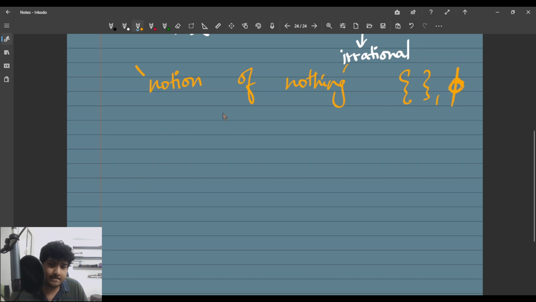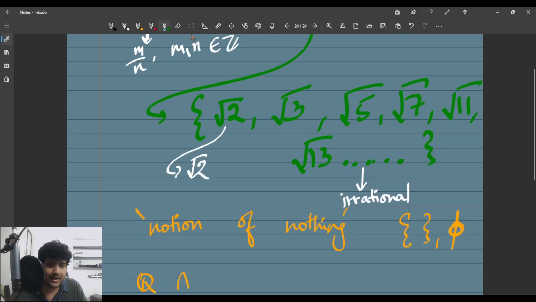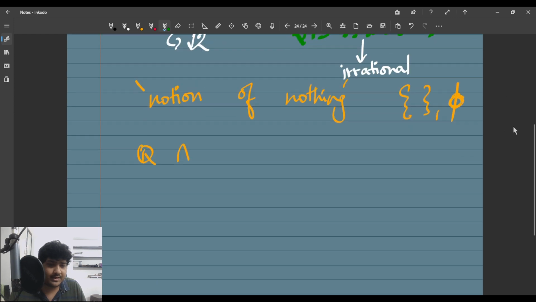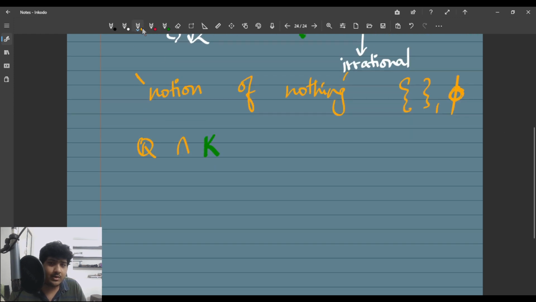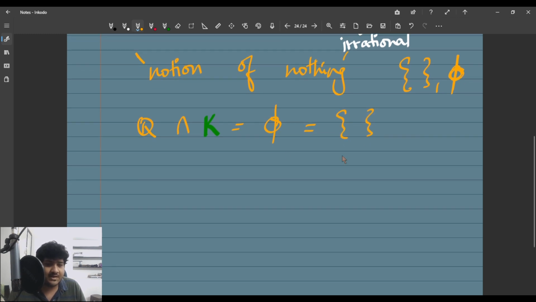But this thing, Q intersection my fancy set I just gave you, I'll just call it K for now. So this set will be equal to nothing. It will be equal to phi, or it will be equal to this symbol. This is to say that they are disjoint.